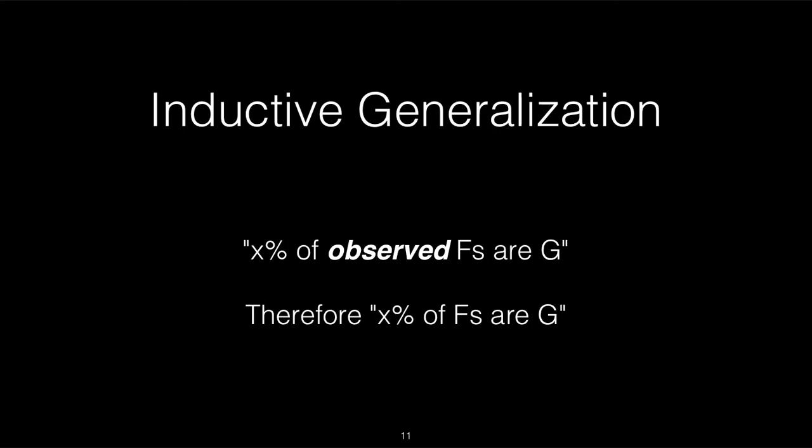An inductive generalization is an argument in which we draw a conclusion about a group of things based on an observation of a part of that group. So an inductive generalization says that if X% of observed F's have some property G, then therefore that same percent of all F's are going to have that property G.